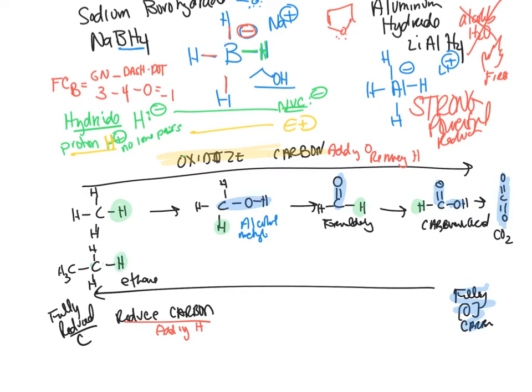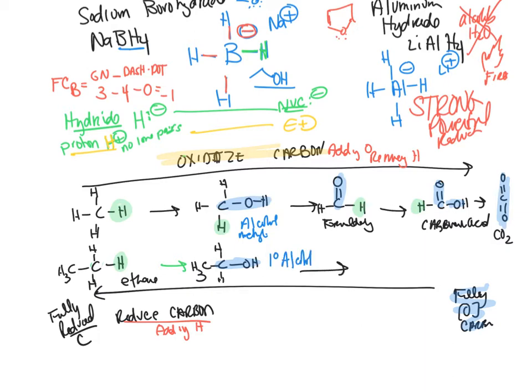If we take one of these hydrogens and replace it with oxygen, we have our CH3 and a primary alcohol.